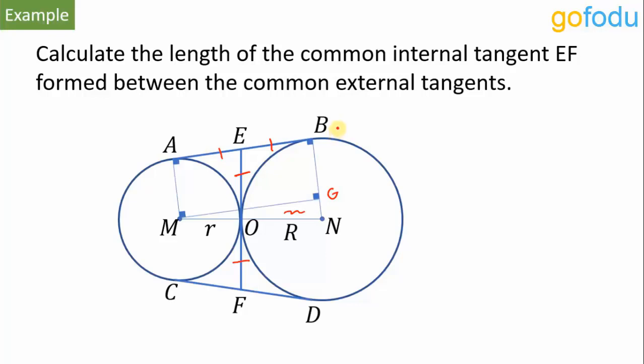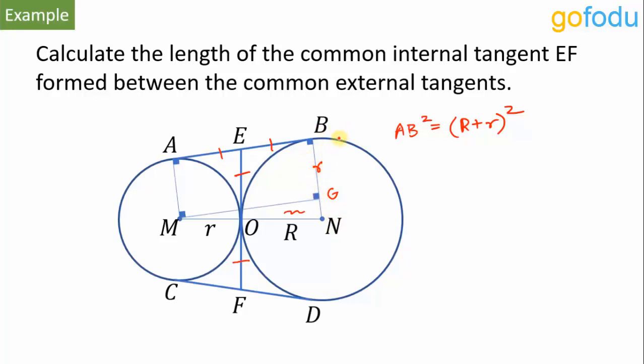And for AB, we will apply the Pythagoras theorem to this right triangle MGN. AB will be equal to MG as AMGB is a rectangle. So AB will be equal to MG, and applying the Pythagoras theorem, we get AB square is equal to (R plus r) whole square, which is MN square minus GN square. Okay, GN is capital R minus small r.